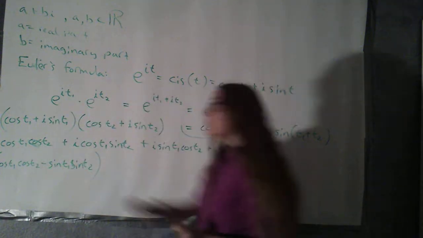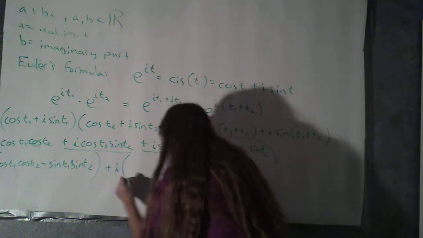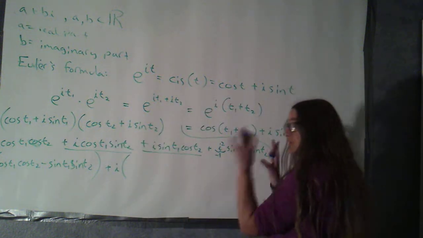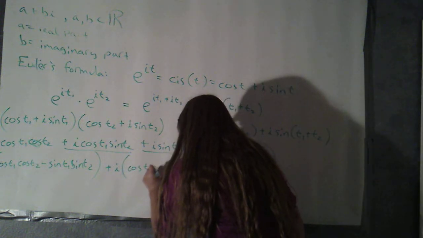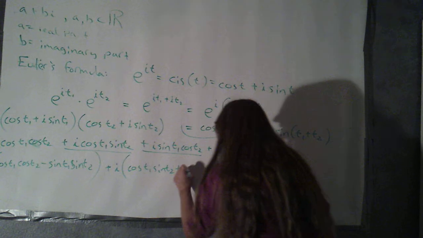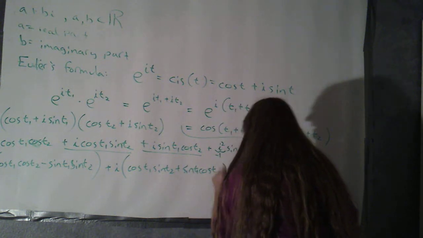Those are the two real terms. And then this term and this term both have an i in them. So I'm just going to factor out that i. The imaginary part, which is the real coefficient of the i, is cosine of t1 sine of t2 plus sine of t1 cosine of t2.